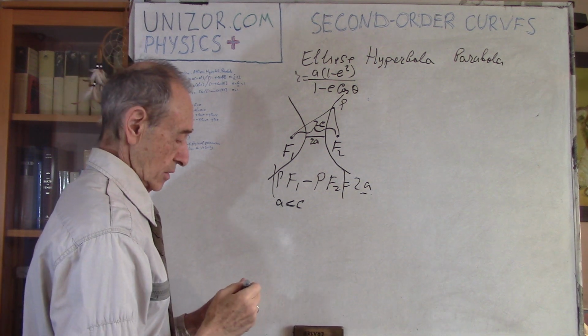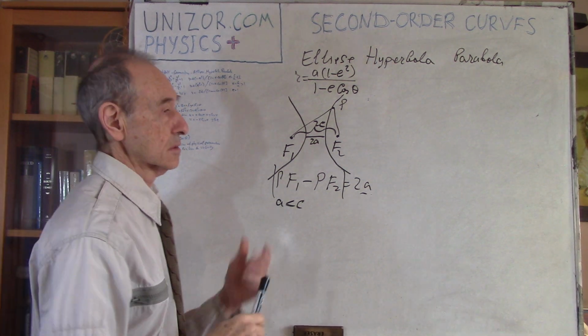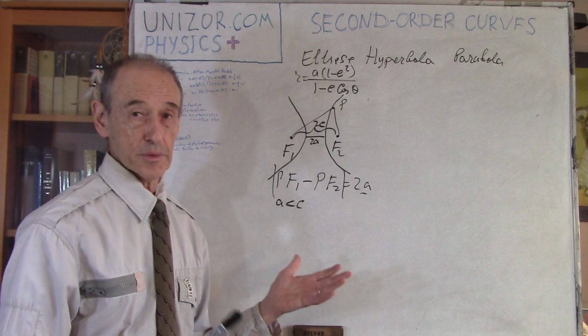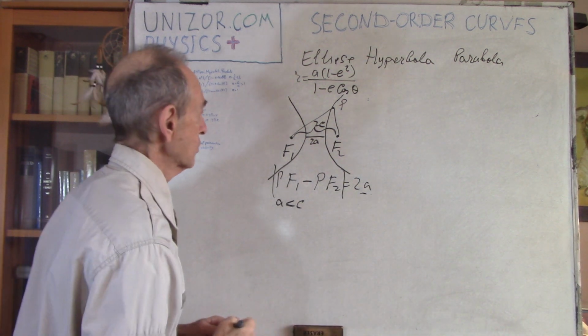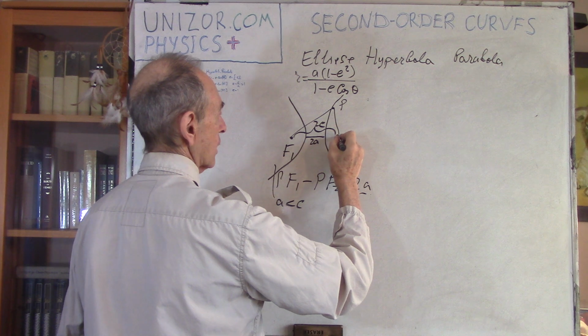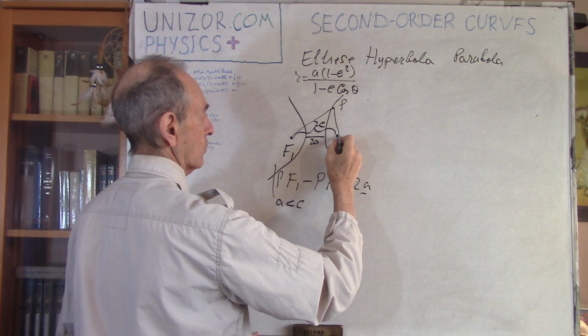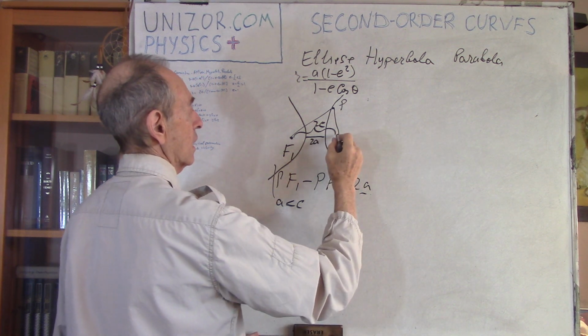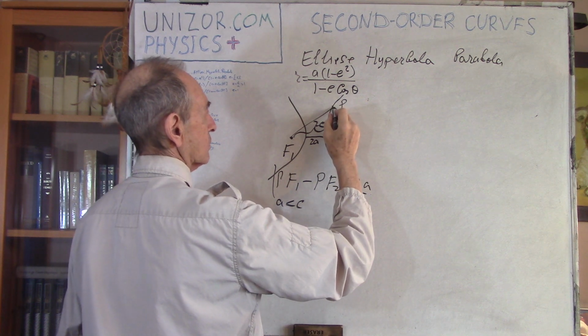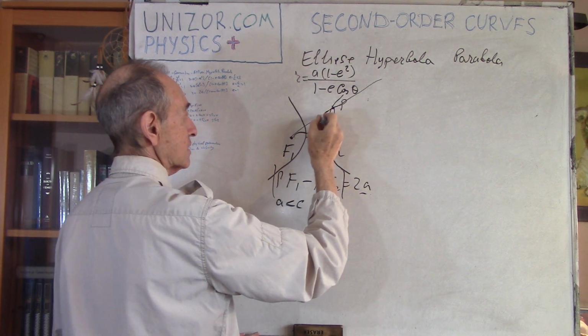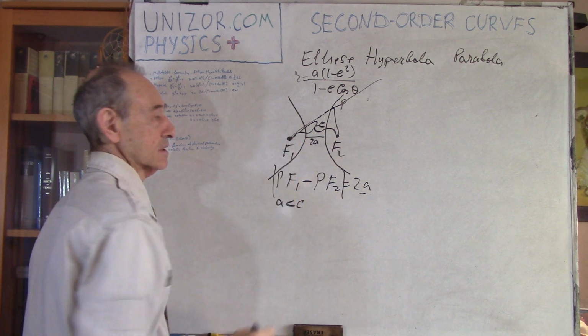Okay, now, again, it has certain physical properties. For instance, if you have a ray of light emitted from one point, one focus, to the hyperbola, it will reflect somehow, but if you continue the reflection, it will hit another point.